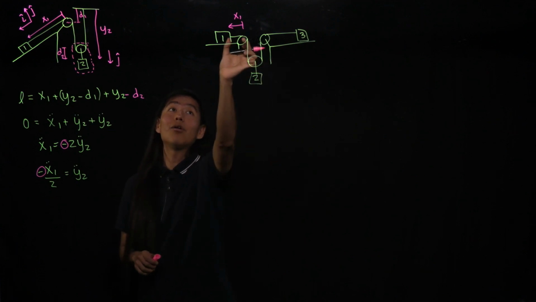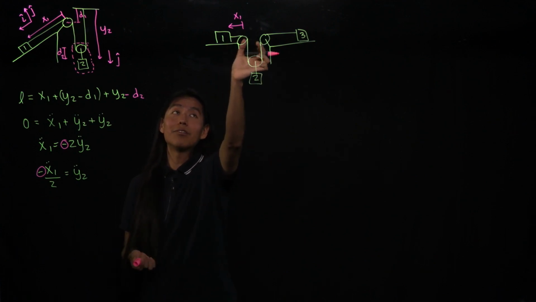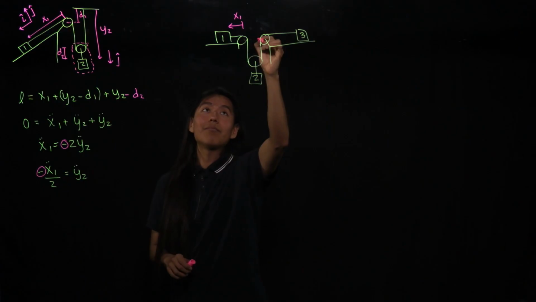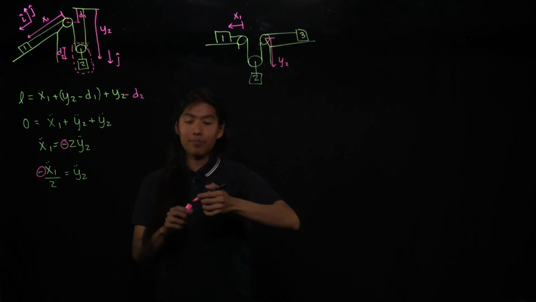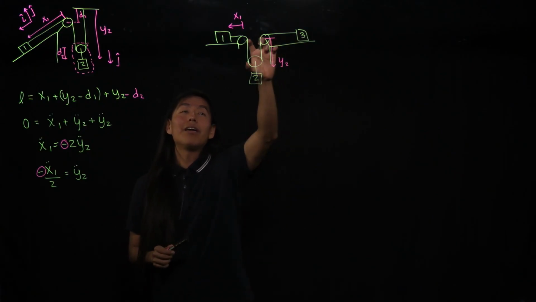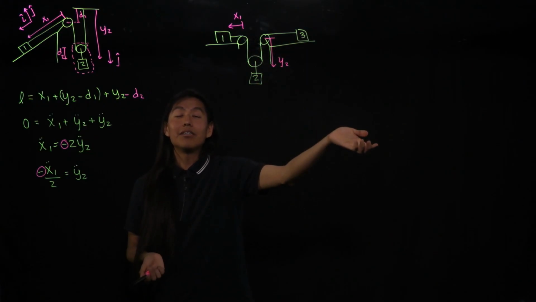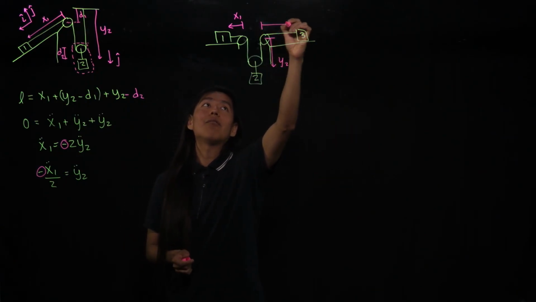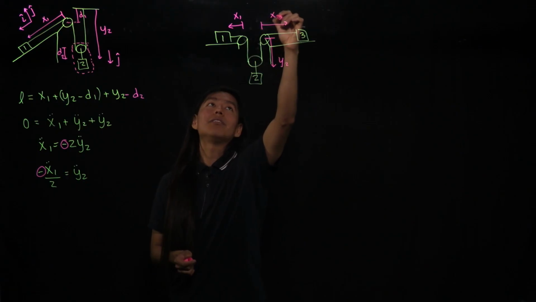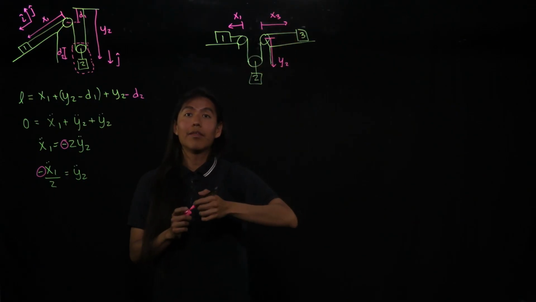That way I know that this segment of rope is just x1. Correspondingly, I could measure from the pulley going downward as y2. That way, this length and this length would essentially just be y2. And again, the path of least resistance is, I would call this the position x3.